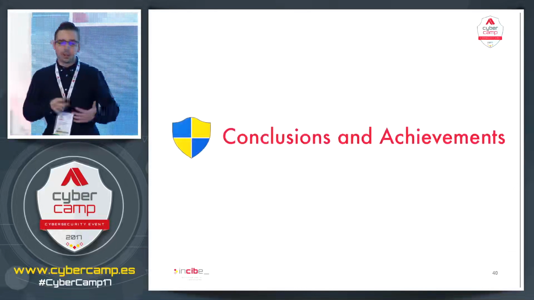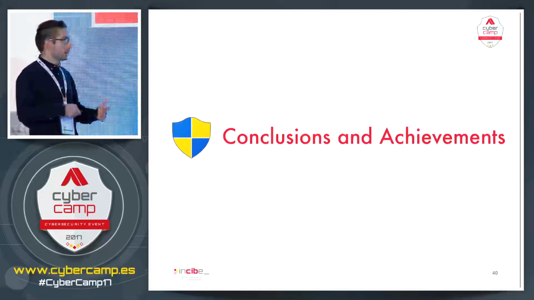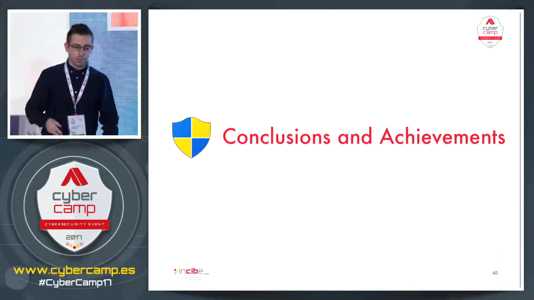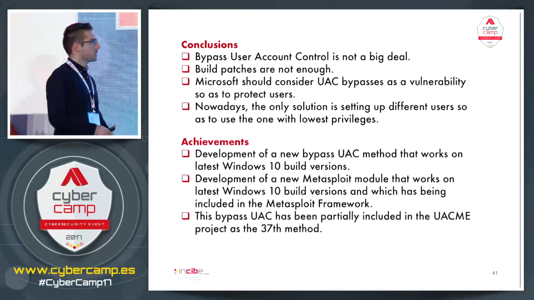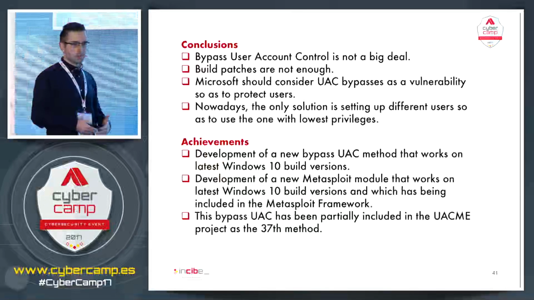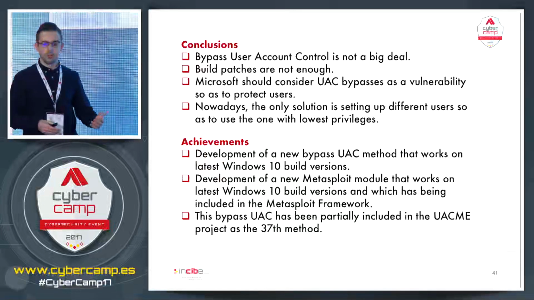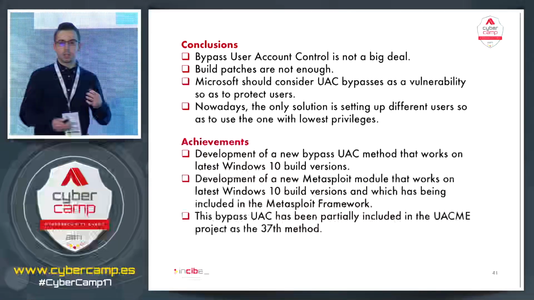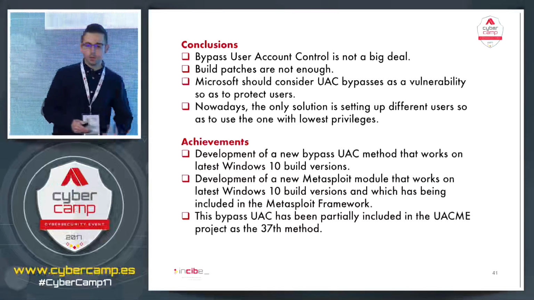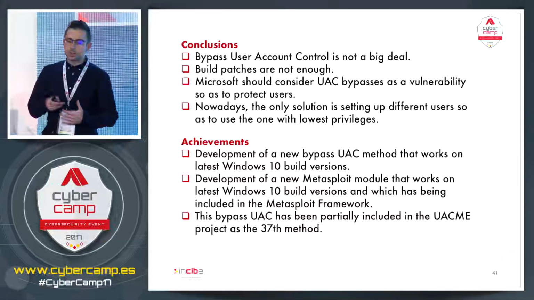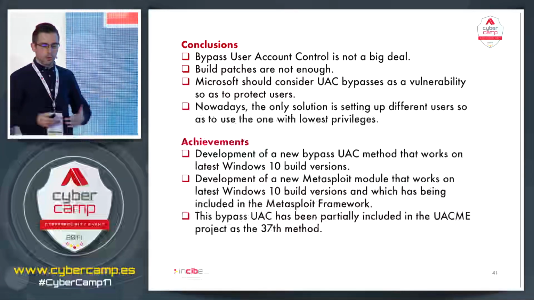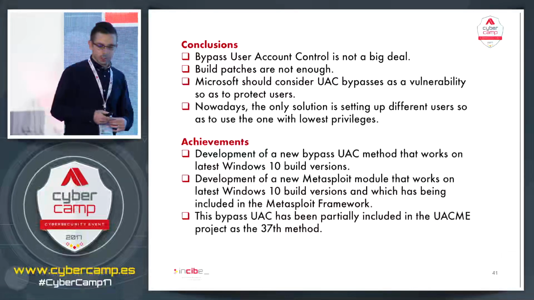And as regards what I think about this, my opinions and the conclusions on the achievements, I can say that skipping UAC is not a hard thing to do, and I believe that Microsoft should start considering these attacks as a reality, that they're here to stay in order to protect users, because the patches that come up with each new version are not enough.